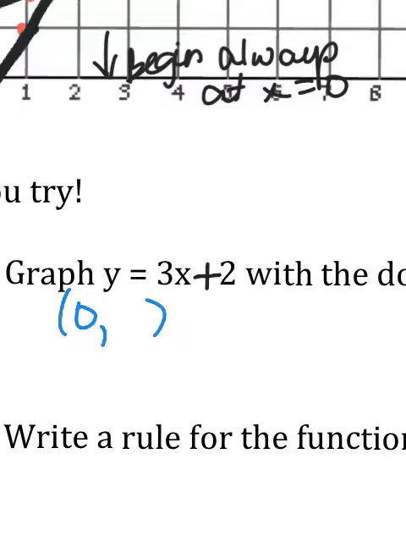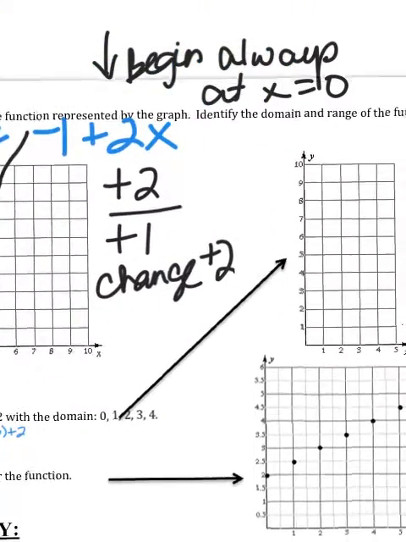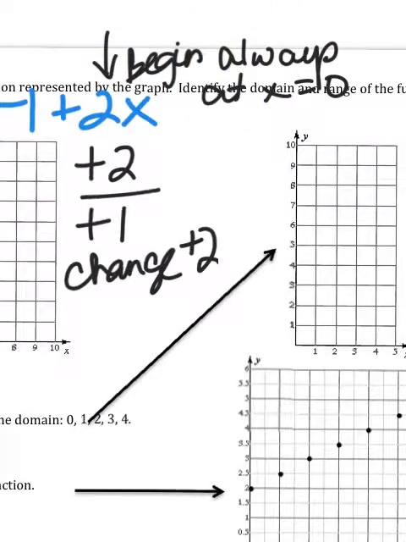So if I plug in a 0, I have 3 times 0 plus 2. Well, anything times 0 is 0. So 2 is going to be my beginning point on the graph here. And remember, we're going to highlight that starting line, right? And our first point is going to be at 2. I'm going to go ahead and leave the big dots on it like that.